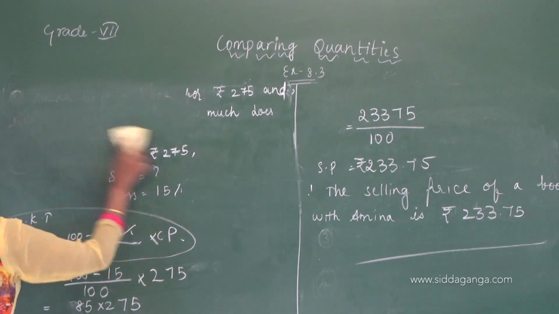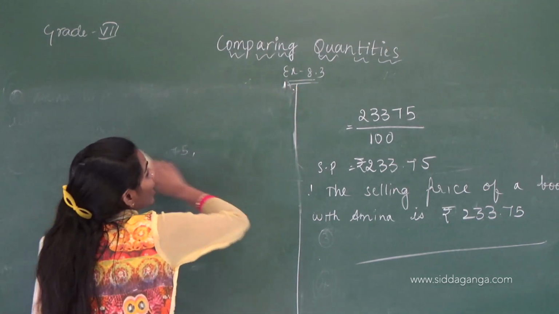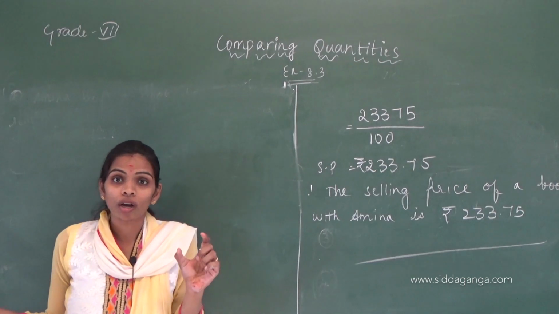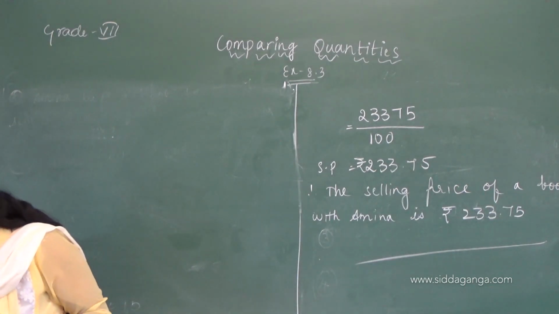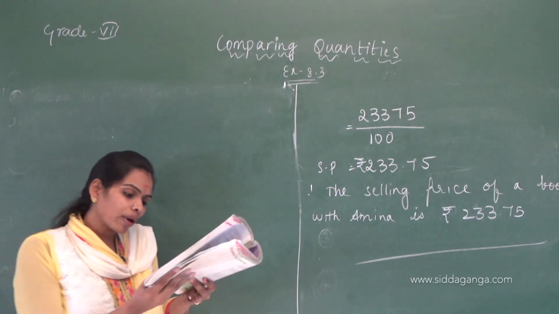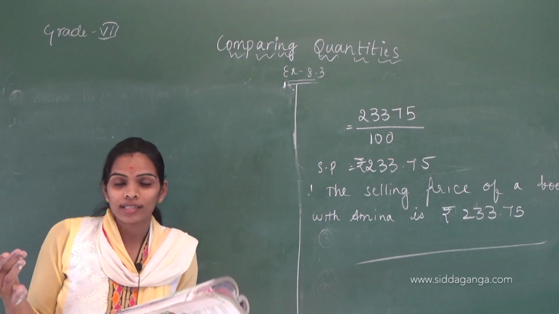Okay, next, 7th one. In 7th one, what are they giving? They are giving one chalk. In chalk, calcium, carbon and oxygen, already you all know that in one chalk calcium, carbon and oxygen will be there.